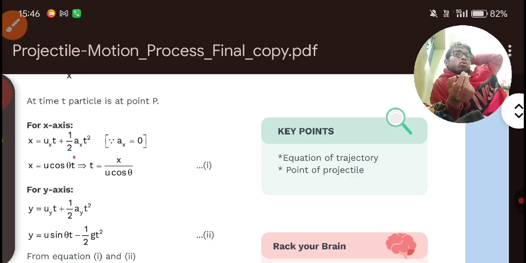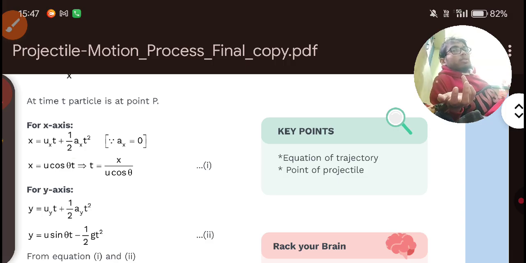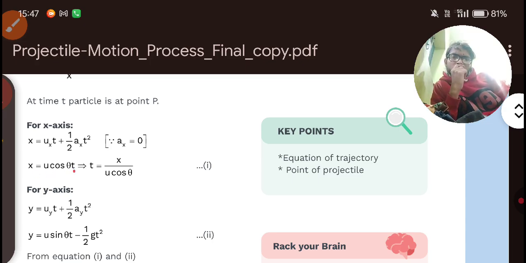So to calculate the x displacement, we can use the second equation of motion, S is equal to ut plus half a t square. Since acceleration is 0, this term becomes 0, so x is equal to u cos theta t.